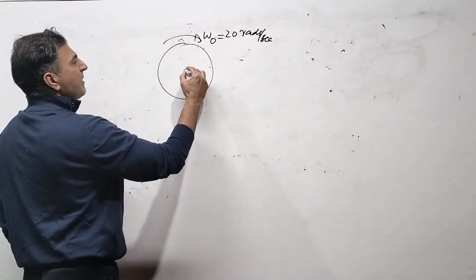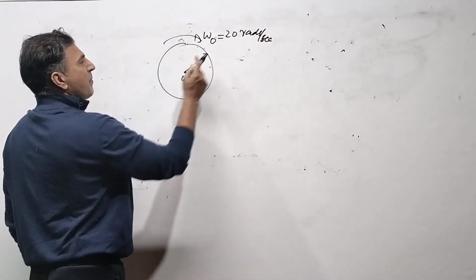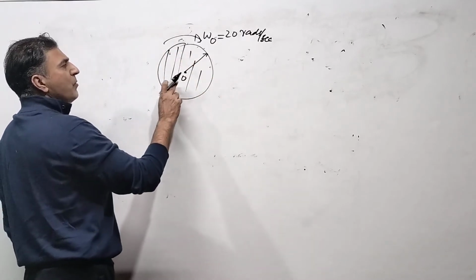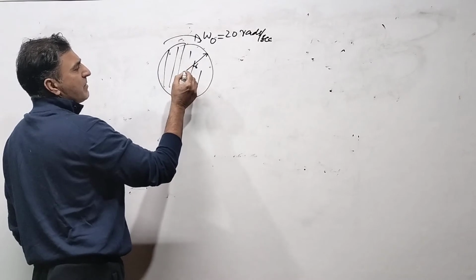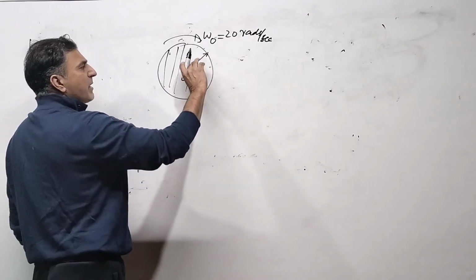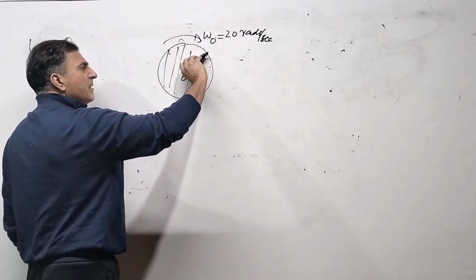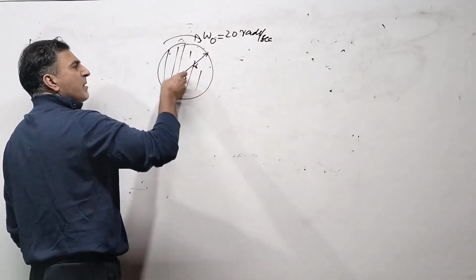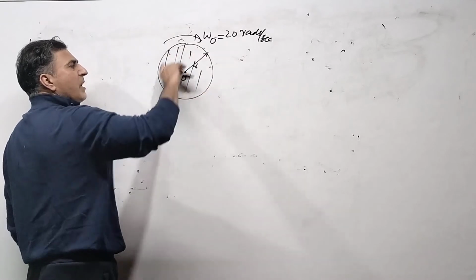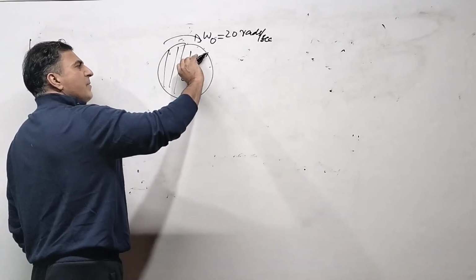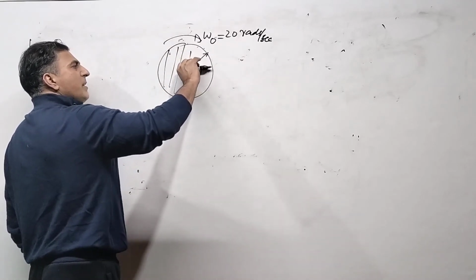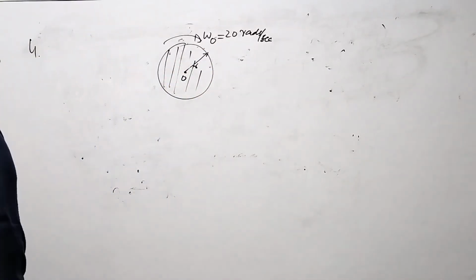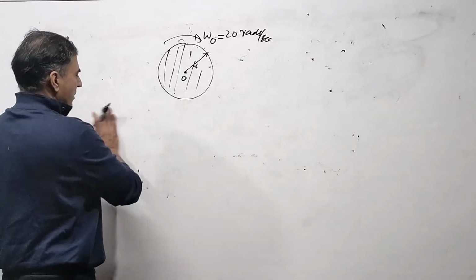What does that mean? If you draw a radius from the center, this radius vector moves in a circle and cuts an angle of 20 radians in 1 second. Even if it is a disk, its radius vector rotates and cuts 20 radians in 1 second. That is what we mean by angular velocity.